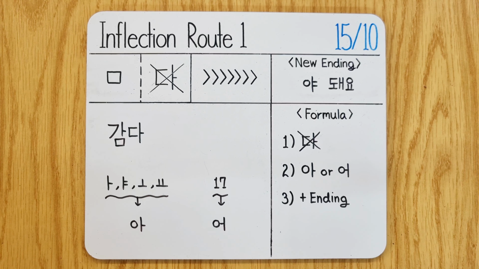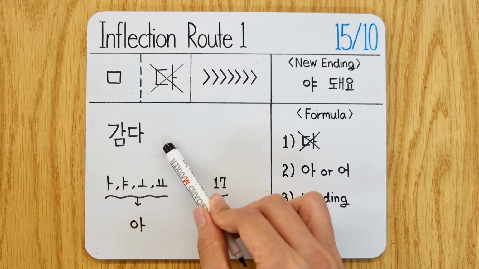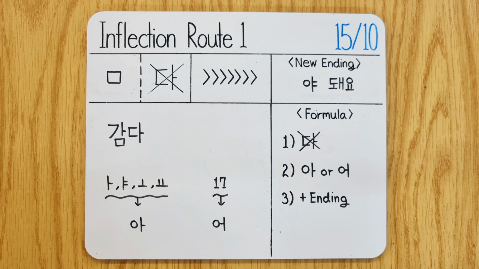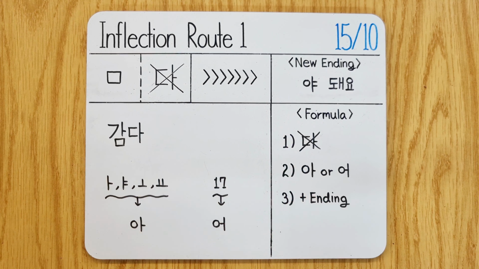And as an example, you have 감다, which is the display form of the verb close. Yes, 감다 is also close. However, it is a version of close that you will only use for eyes. Not when you close doors or windows, only when you close your eyes.